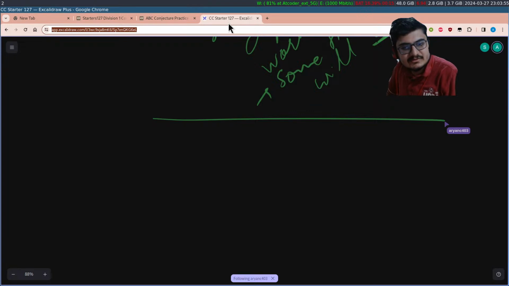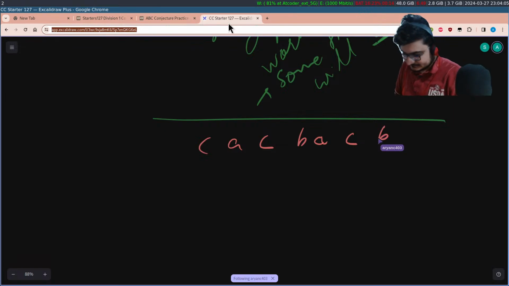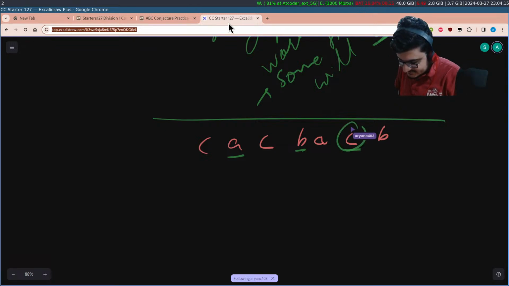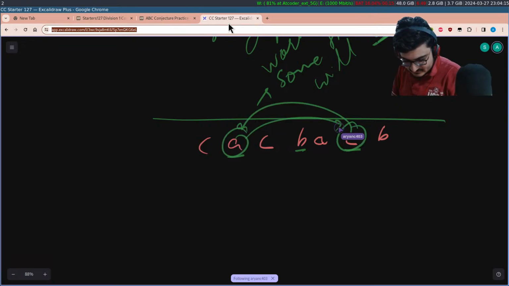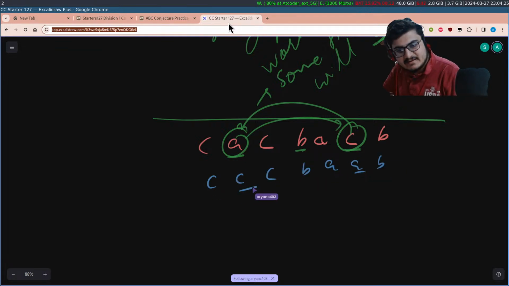The example given to us is a sequence CAC, BAC, and it says if we take these characters A, B, and C, and if we swap these A and C, our resulting sequence becomes C, C, C, B, A, B. So it says we can do operations like this, as many as we want.